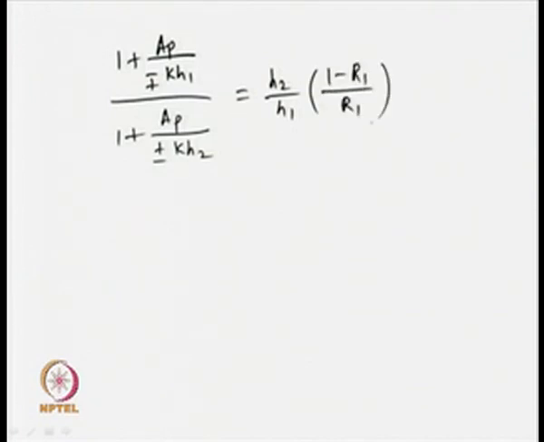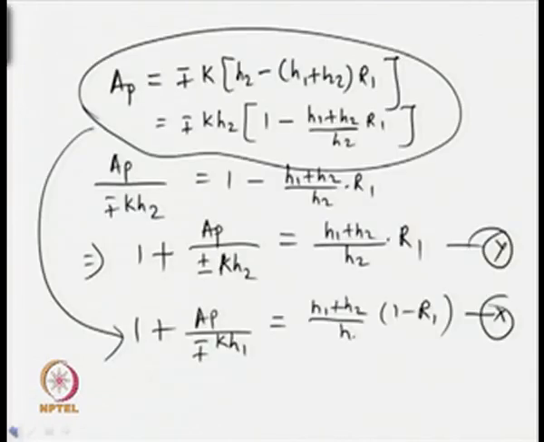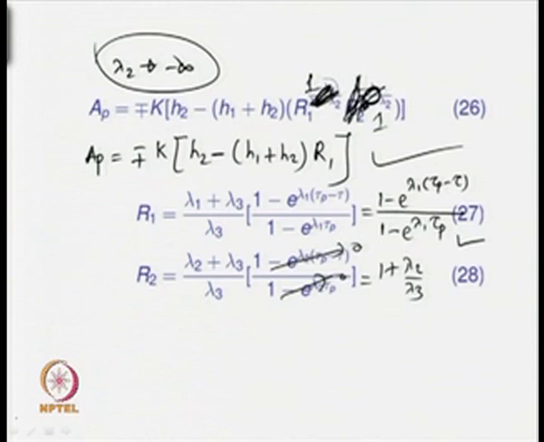All these things are very simple. Ultimately, you will see that this gives you a term when you substitute R 1. What is R 1? R 1 is this much: 1 minus e to the power lambda 1 tau p minus tau divided by 1 minus e to the power lambda 1 tau p. So, this is equal to R 1.